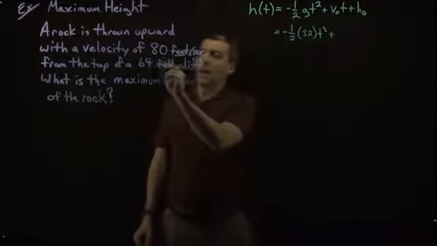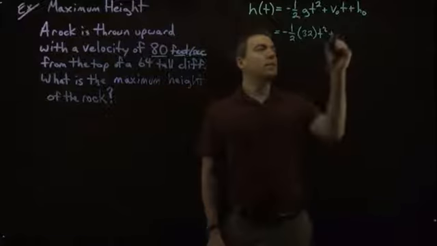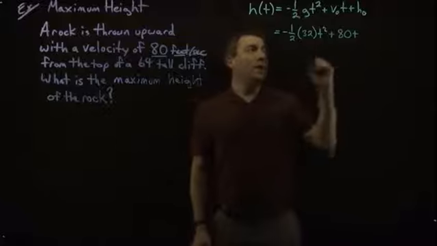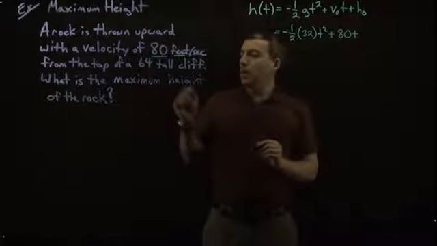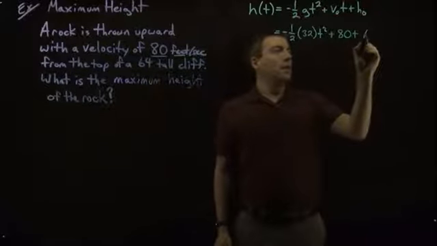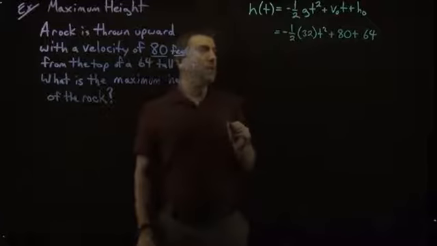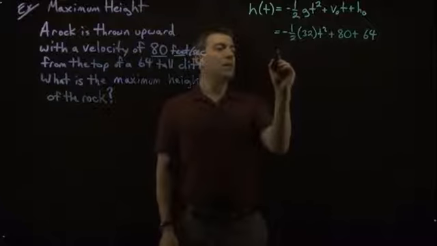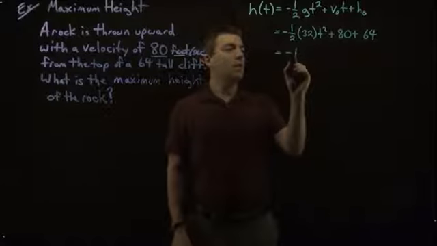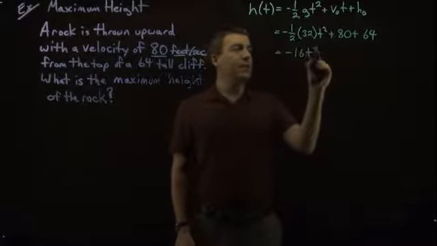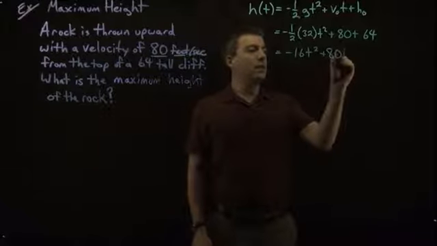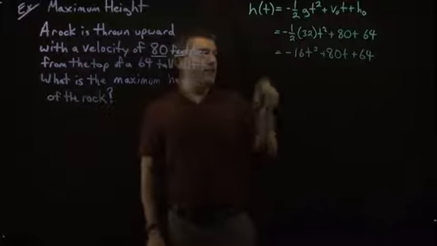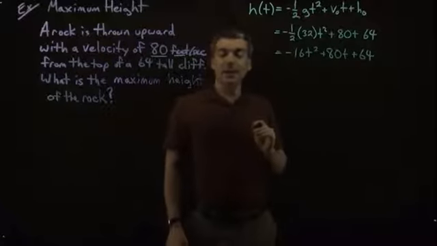That is 80 feet per second, so we'll have 80t. And then h naught is the initial height. So the object is 64 feet in the air to begin with. All right, now this gives us negative 16 t squared plus 80t plus 64. This gives us the height of the object at time t.